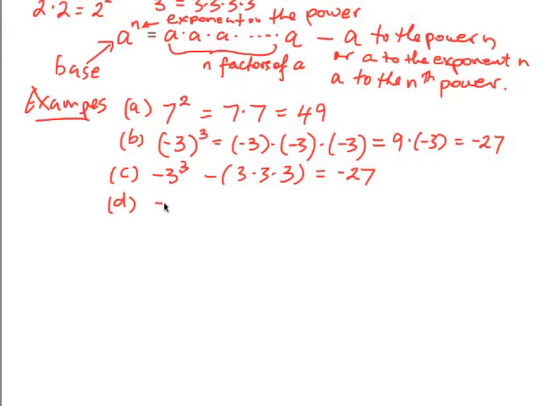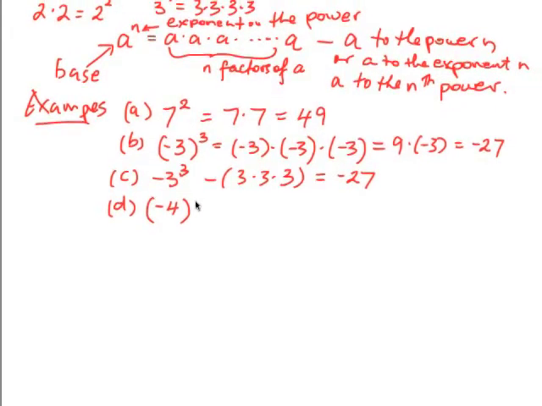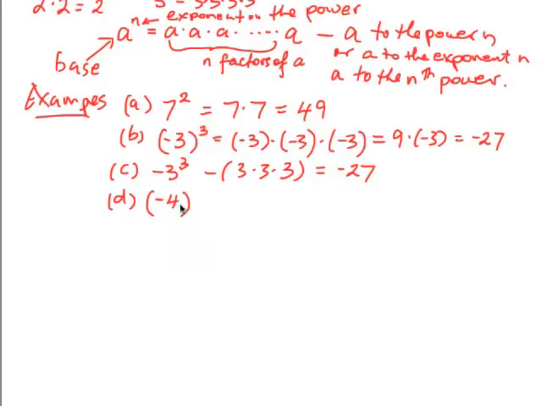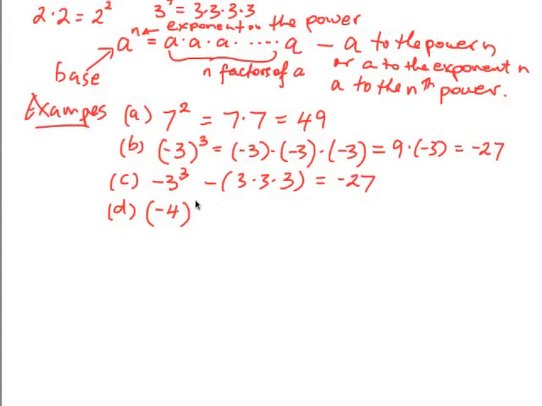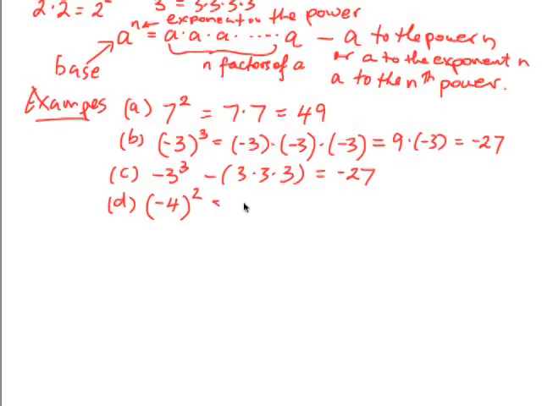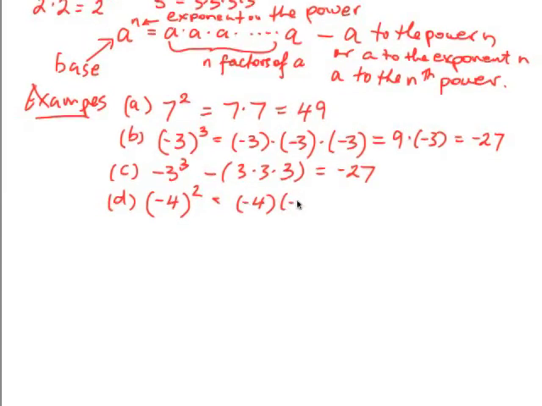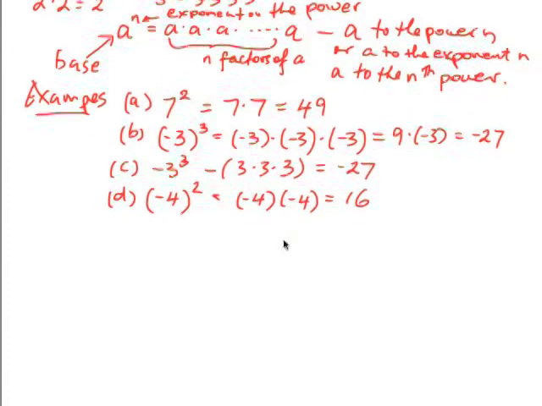Suppose I take negative 4 to the power of 2. This would be negative 4 by negative 4, which would be 16.